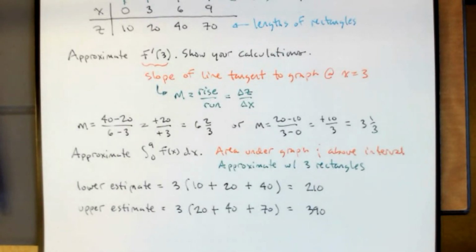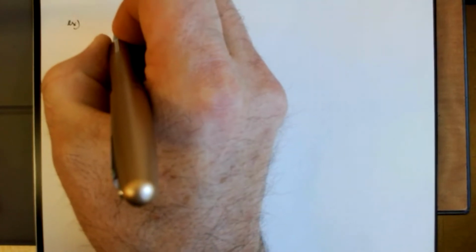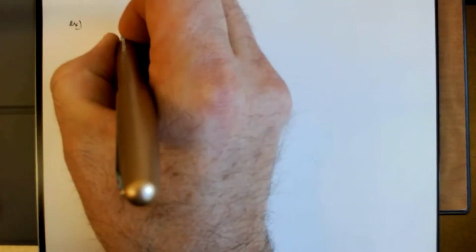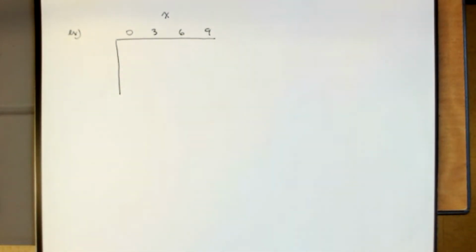All right. Let's upgrade this function to a function of 2 variables and see these same calculations show up. Let's suppose I'm going to still have in the x direction here are values of x. Now let's take a look at values of y.